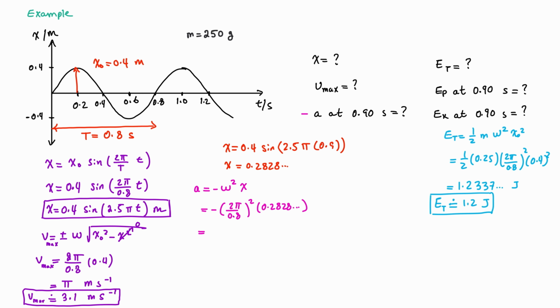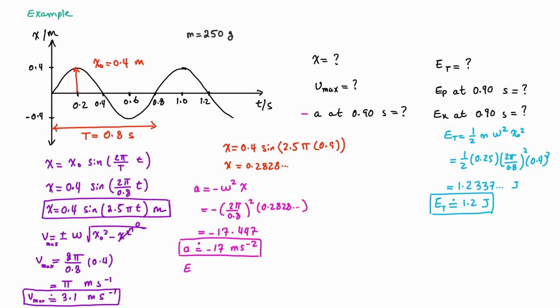We'll end up getting negative 17.447. I'm going to round it to 2 significant digits, so negative 17 meters per second squared. Just to check here, our displacement is positive, and acceleration is always towards the equilibrium position, so it should be negative whenever position is positive, so at least it checks that part. So I'm on the right track here, and 17 meters per second squared is nothing too unreasonable.